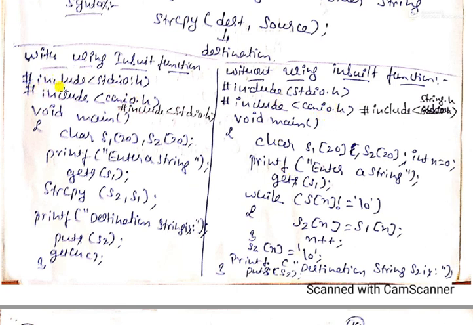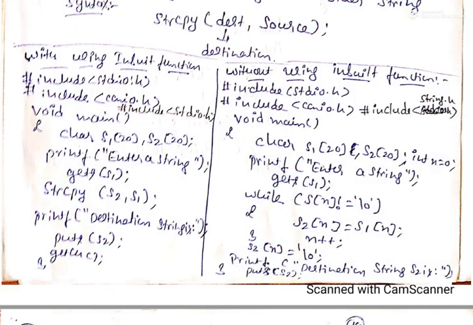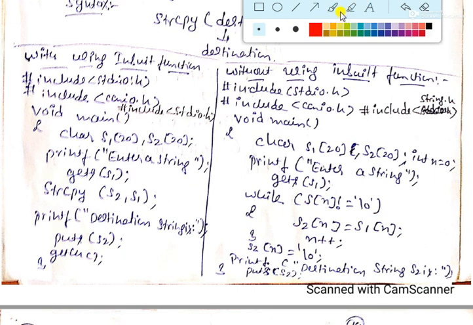First include stdio.h and conio.h; these two are mandatory. Next, if you are using a string inbuilt function, then you have to include string.h. Sorry, here we have some mistake. Include stdio.h again. You change this in your notes also.